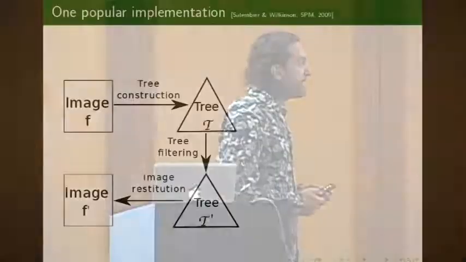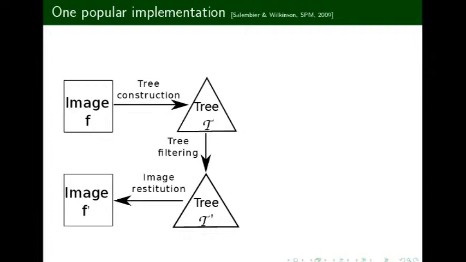Basically, this is just an example, but we're going to see how to implement and deal with those kinds of filters. One popular implementation relies on a tree representation, and there is a nice review that appeared in Signal Processing magazine recently. You start from the image and build a tree from it.